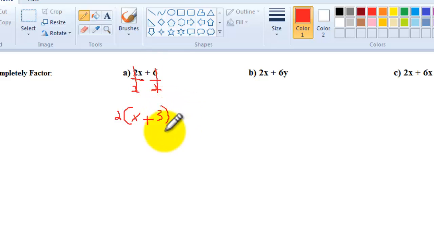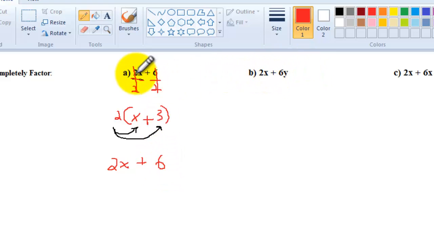Just like that. And the way you check, of course, is if you multiply back in using distributive property, that should give you back your answer of 2x plus 6. So it checks out just fine.